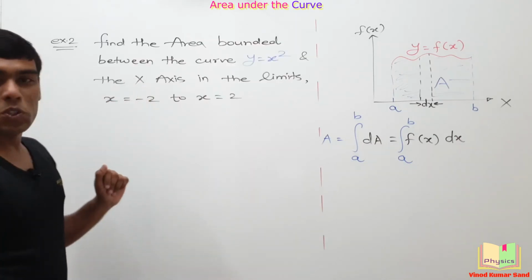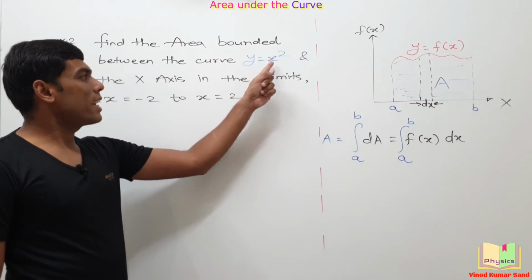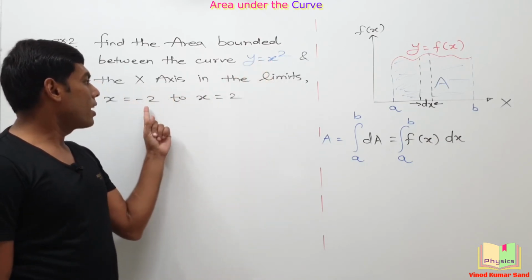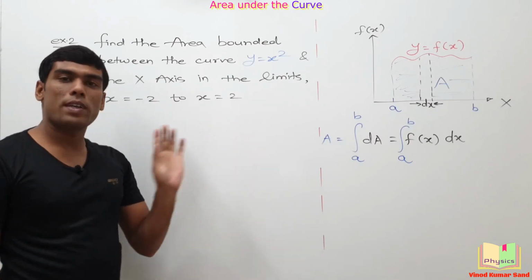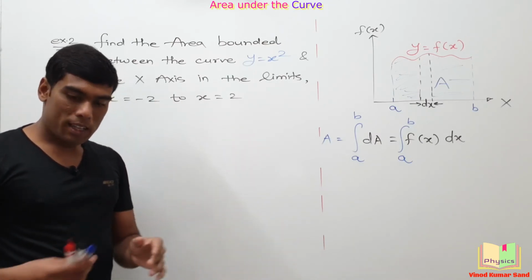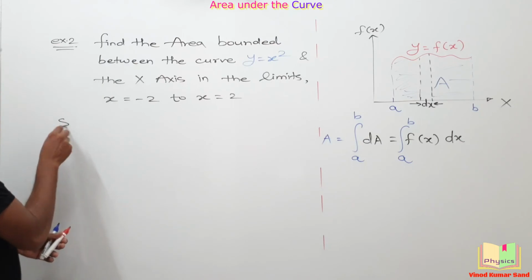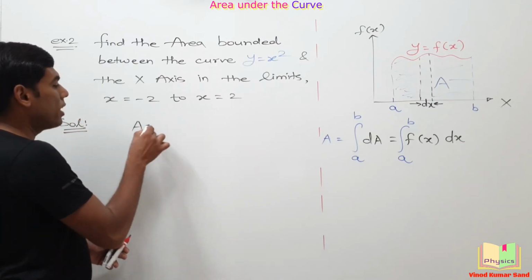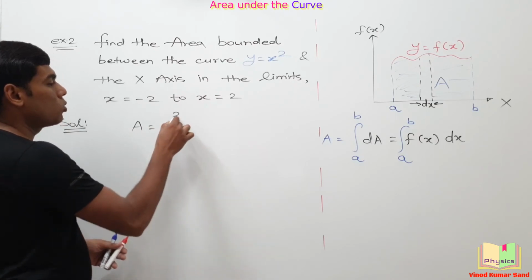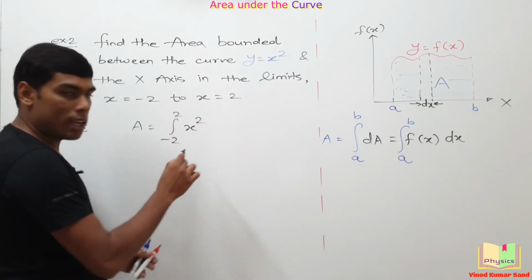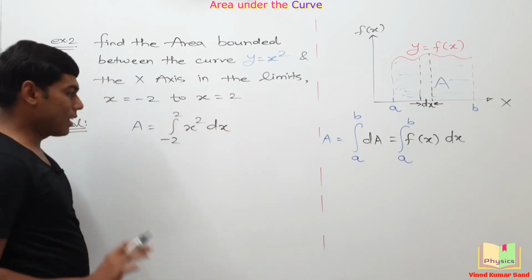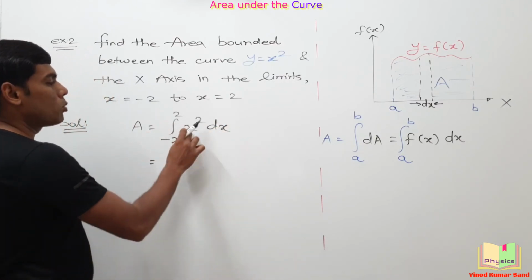Here is the next question. We have to find the area bounded between this curve and the x-axis for the limit x is equal to minus 2 to x is equal to plus 2. Calculation is pretty simple. We'll be using the definite integration. So the required area will be integral from minus 2 to 2. The function is x square and we have to integrate it with respect to the variable x. We know how to compute this integration.